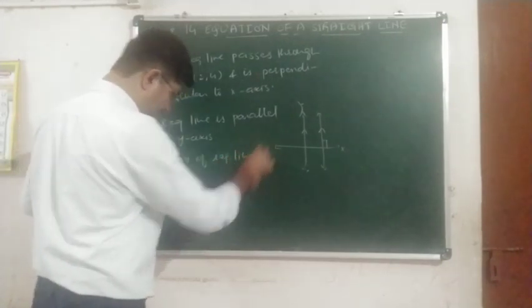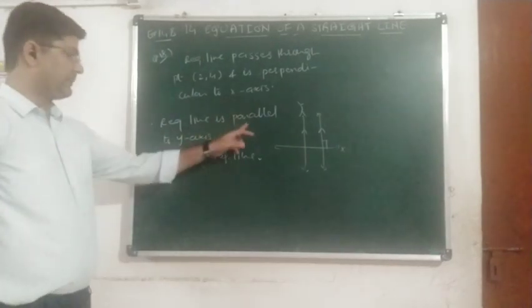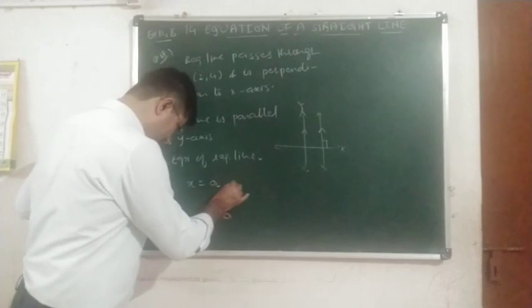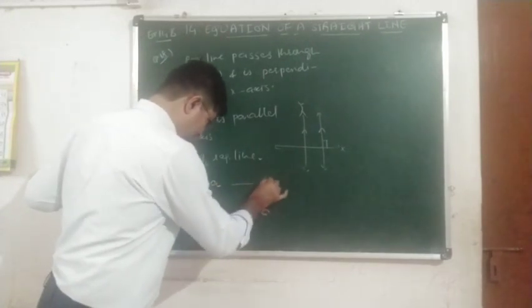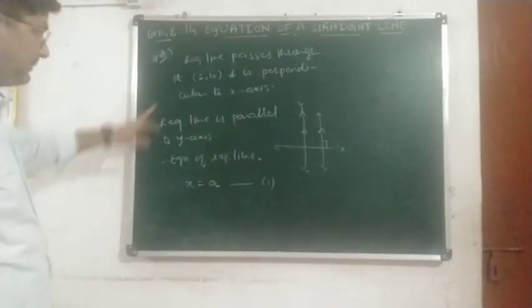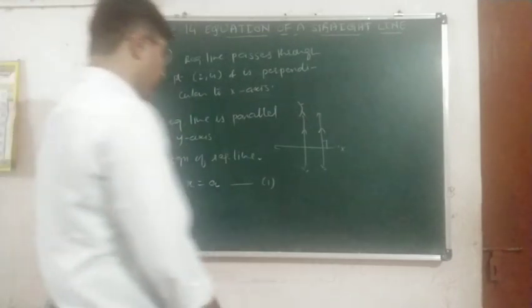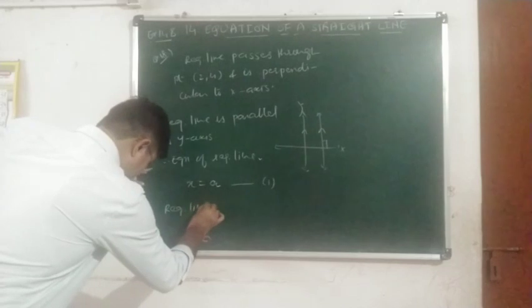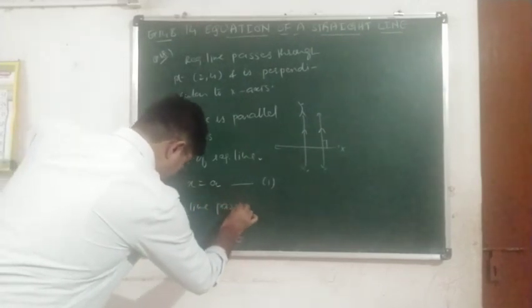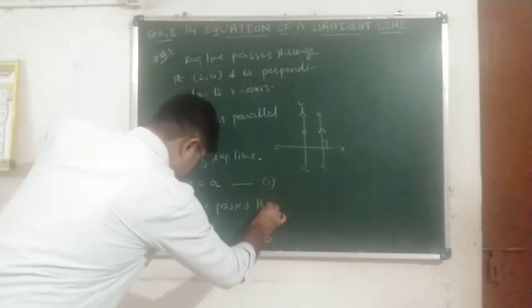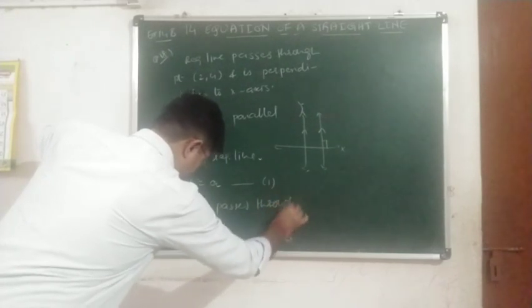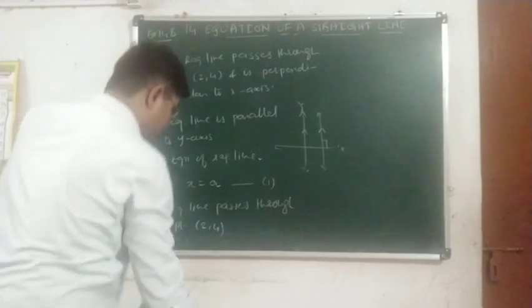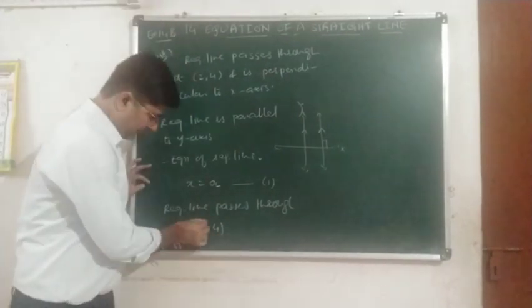Now we have a format. The equation of a line parallel to y-axis will be given by x is equal to a. Clear? Now the required line passes through point 2, 4. So the value of x is 2.